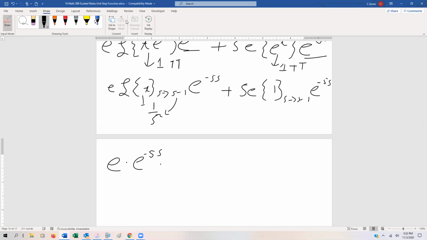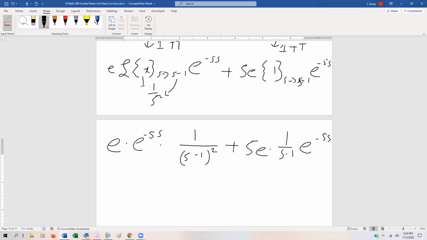So that's going to be times 1 over (s minus 1) squared, and then plus 5e. We know the Laplace of 1 is 1 over s, but we have this s approaches s minus 1. So it's going to be actually times 1 over s minus 1. And then we still have that e to the minus 5s. All right, now that's a perfectly viable answer. No big deal with that one.